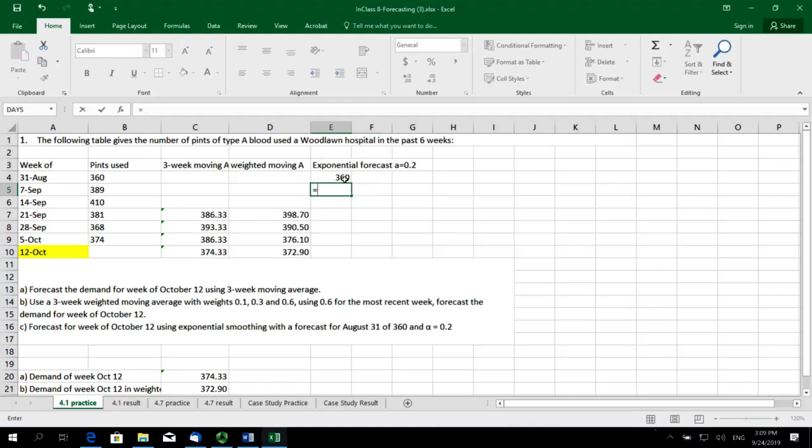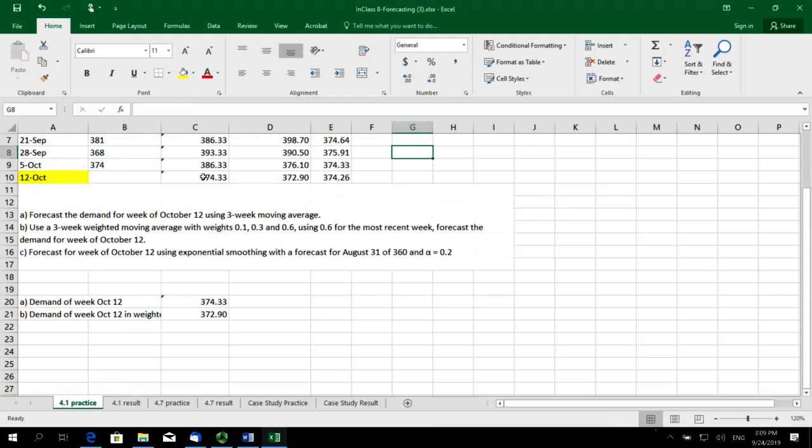So here it equals the previous forecast plus 0.2 times the actual demand minus the prediction, 360. Then we just fill in all of the formulas, and we find 374. These three numbers are the results we want.